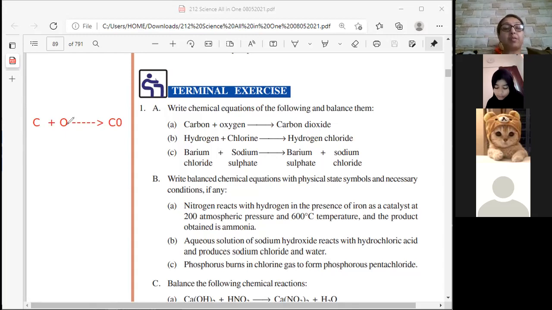Two is going to come here on the foot. And CO2 also is going to come here on the foot. Am I right? Yes, ma'am. Done? Can we go ahead?